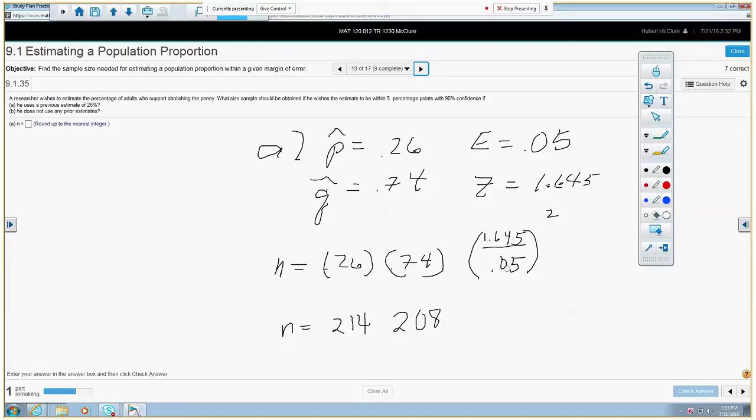Yeah, whatever you get here, multiply by these two. Doesn't matter what order you do it, just multiply all three of them together. Yeah, I didn't get anything close to that. Let me pull the calculator up. Who got 208? All right, we got another 208.